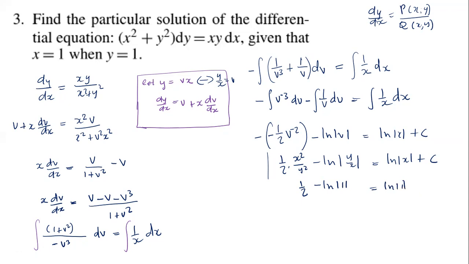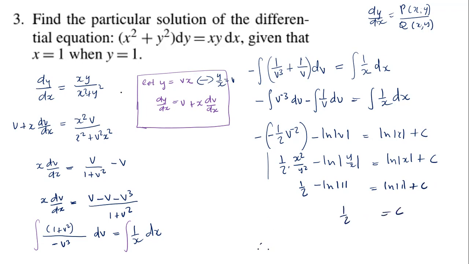I believe we are all familiar with ln 1. We know how much ln 1 actually equals, right? If you forgot, you can just type it on your calculator. Let's prove it and see. ln 1 is equal to 0. Yes, it's 0. So, let's not forget c there. And therefore here we're going to have 1 over 2 equals c.